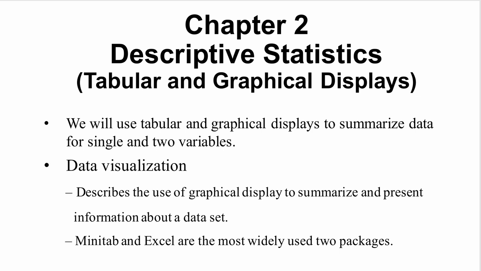Now, so far in this course, we've learned how to define statistics. We've said that in statistics, our goal is to learn from data. Now, the big question is, where does the data come from? The data are basically raw facts on individual characteristics.